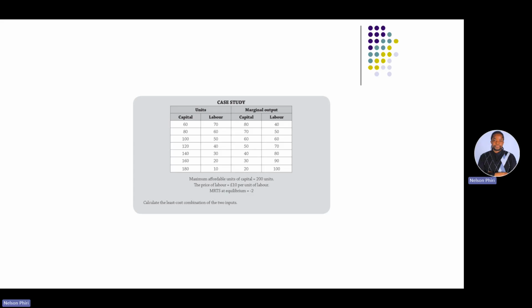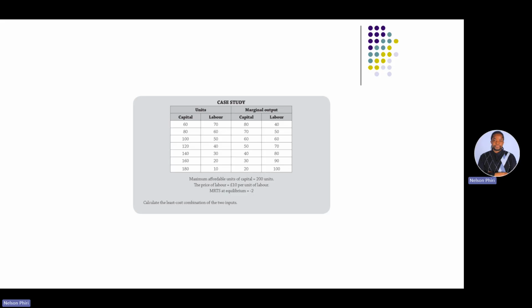So we have those units of capital and we have those units of labor in that particular case. So we can start by computing our marginal outputs from the information that we've been given there. So we have our units 70, 60, 50, 40 for labor. Then we have our units for capital as well.